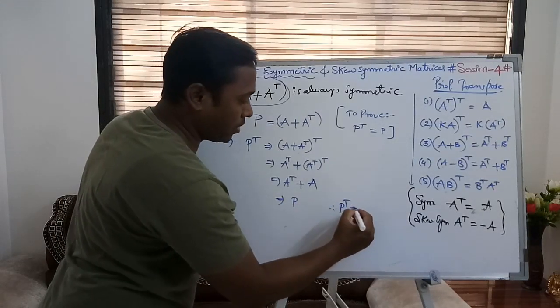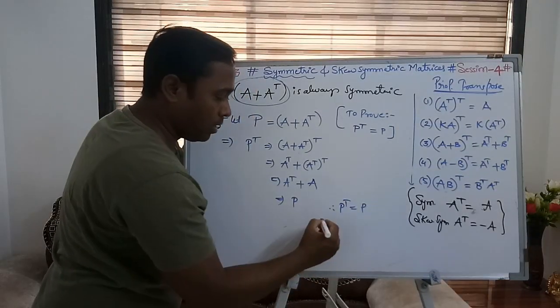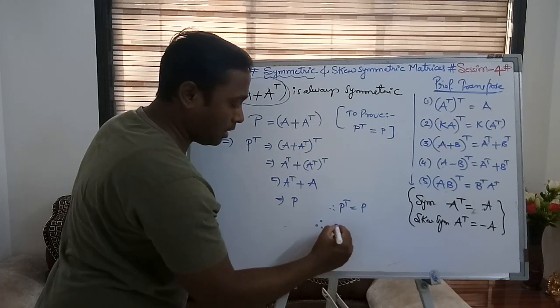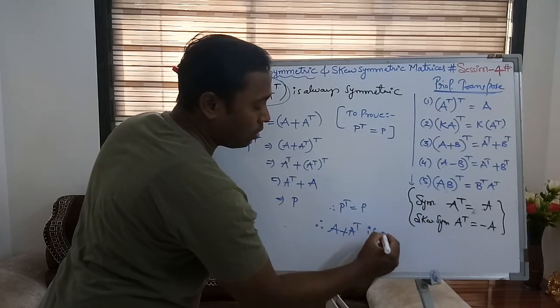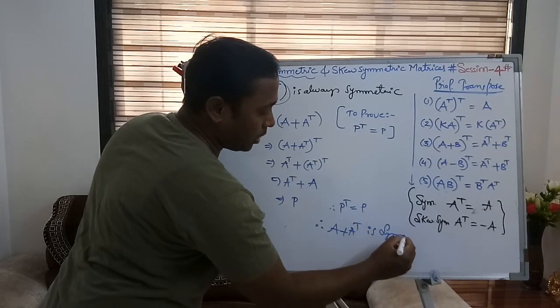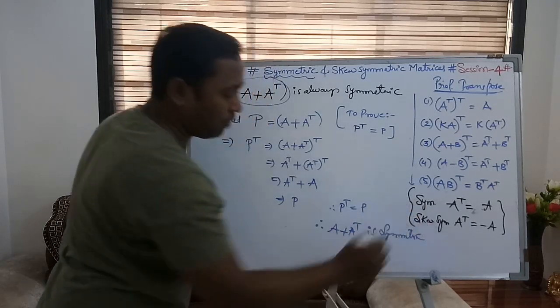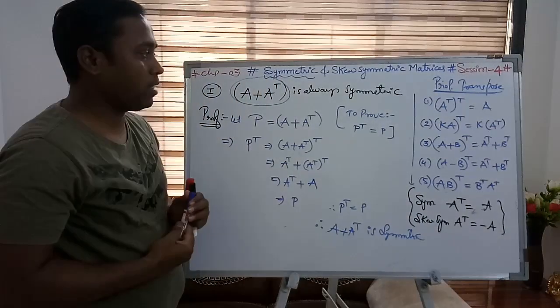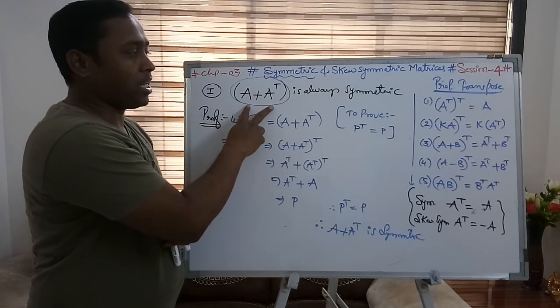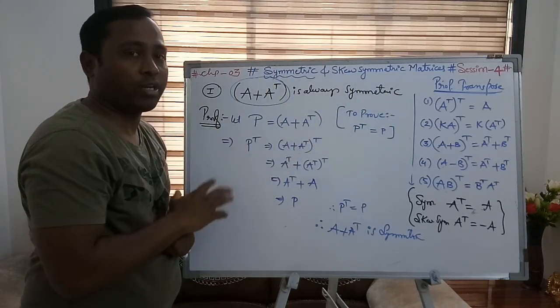Therefore, what can you say here? P transpose is equal to P. It implies that A plus A transpose is always symmetric. Have you understood? It's so simple. What I am saying here is, A plus A transpose is always symmetric.